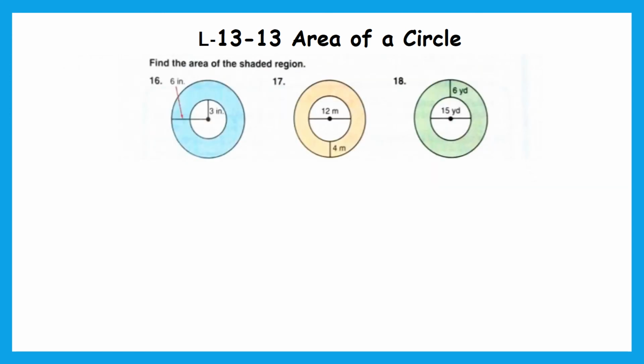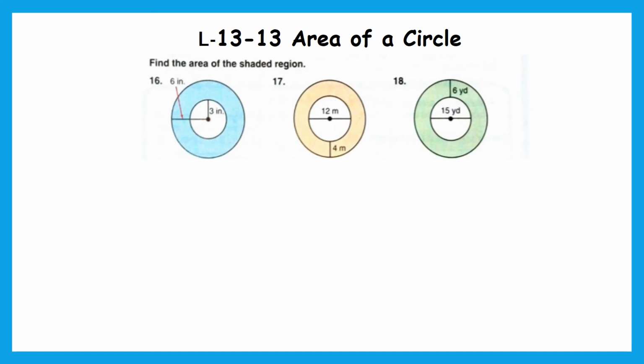Now in this one, find the area of the shaded region. The bigger circle is 6 inches and the smaller circle is 3 inches.